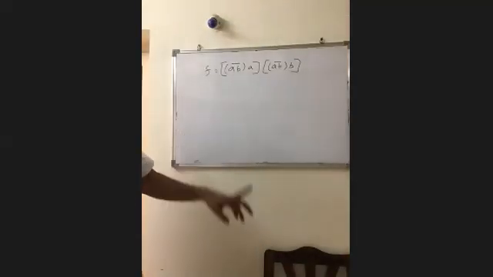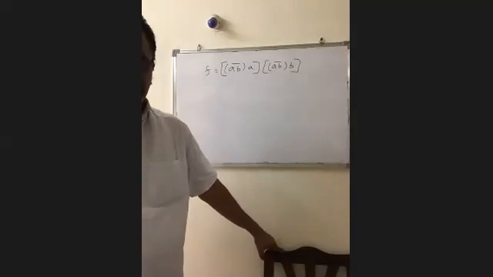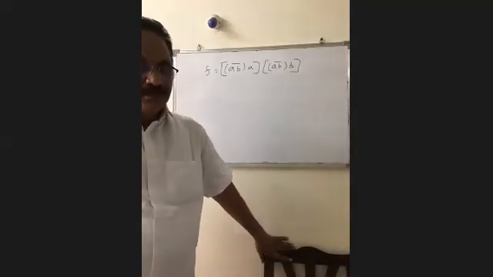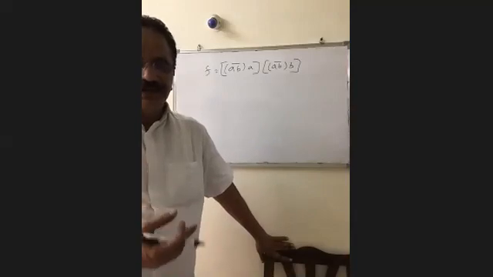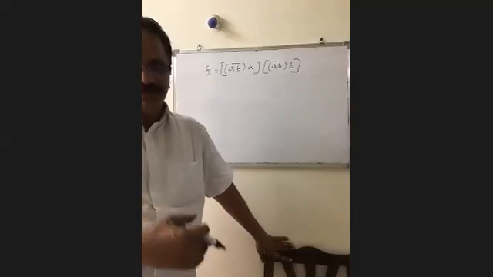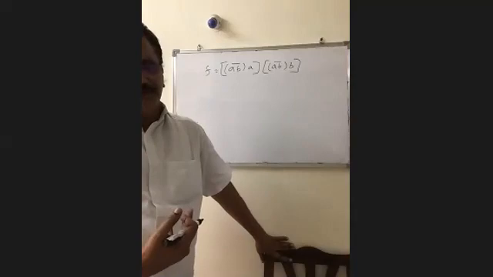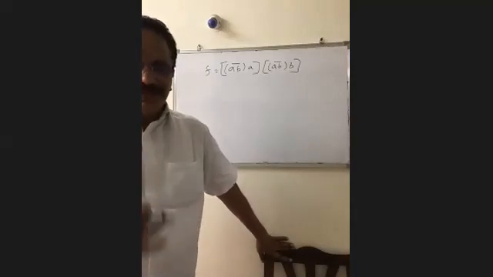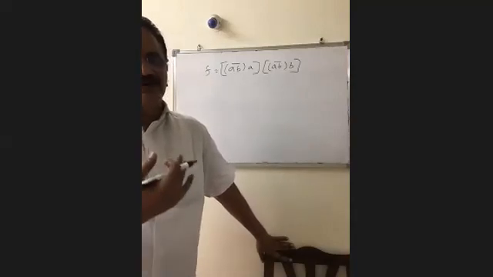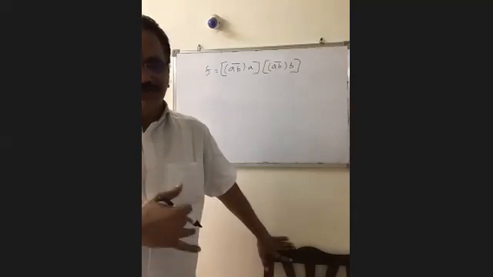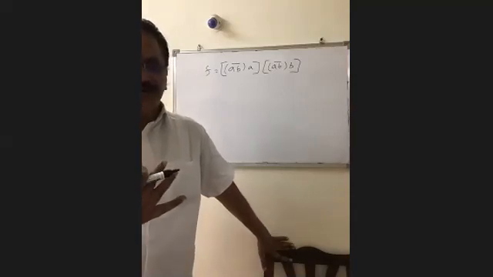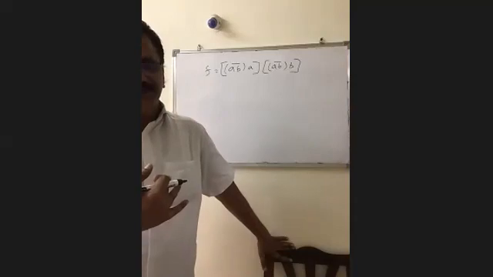That is the given expression. Find its dual and apply the minimal expression. Next, find its complement and apply the minimal expression. First you have to write the dual and apply the minimal expression. Next you have to write the complement and apply the minimal expression.